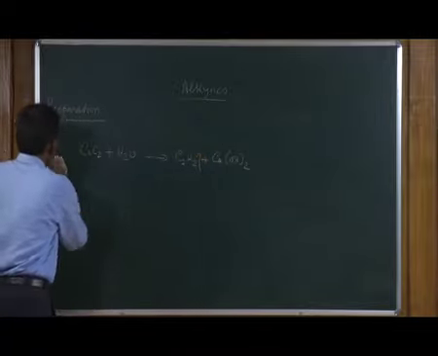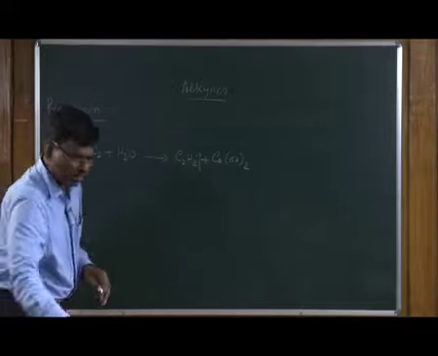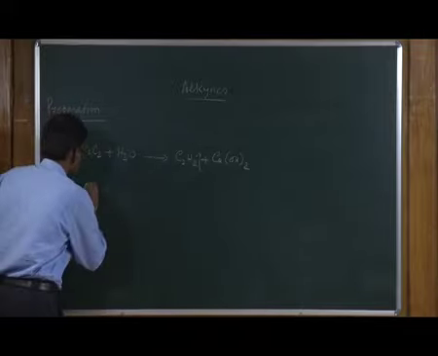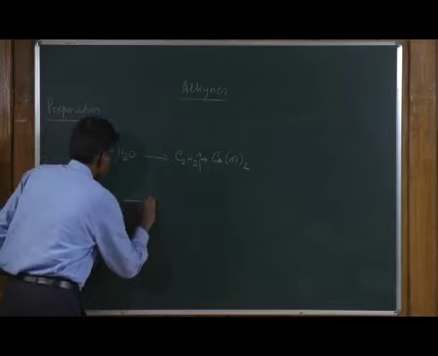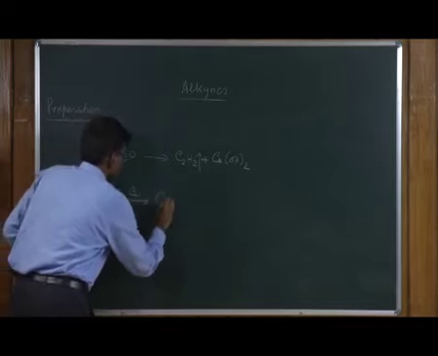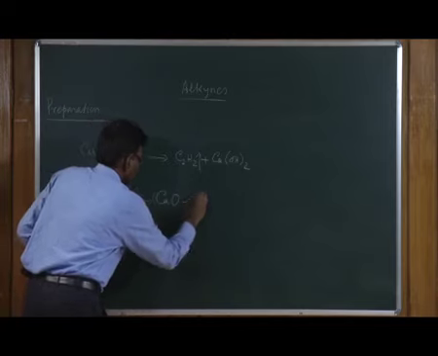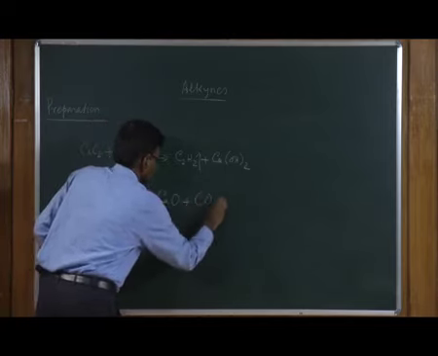Calcium carbide is produced from calcium carbonate. When you heat calcium carbonate, it produces calcium oxide plus carbon dioxide.